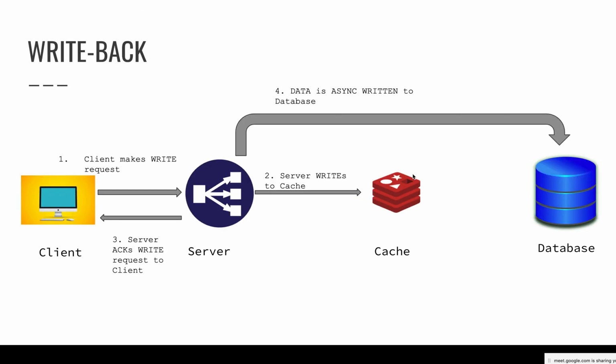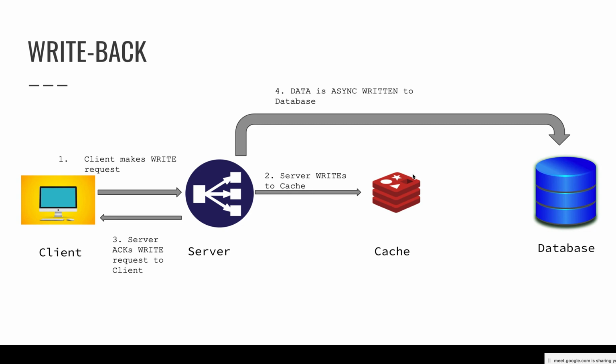Third strategy is write back. Now please have a look at this diagram. So in this strategy, server responds back to the client just after receiving the acknowledgement from the cache only.